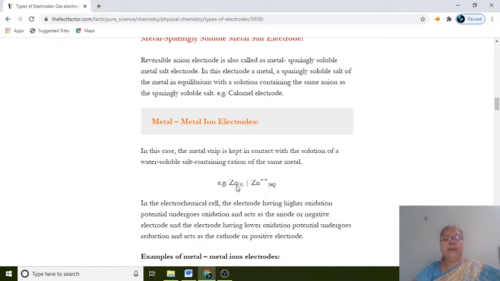For example, here Zn is in contact with Zn++ ions, or copper when it is dipped in copper sulfate solution, it forms a copper ion metal electrode, or zinc ion electrode.